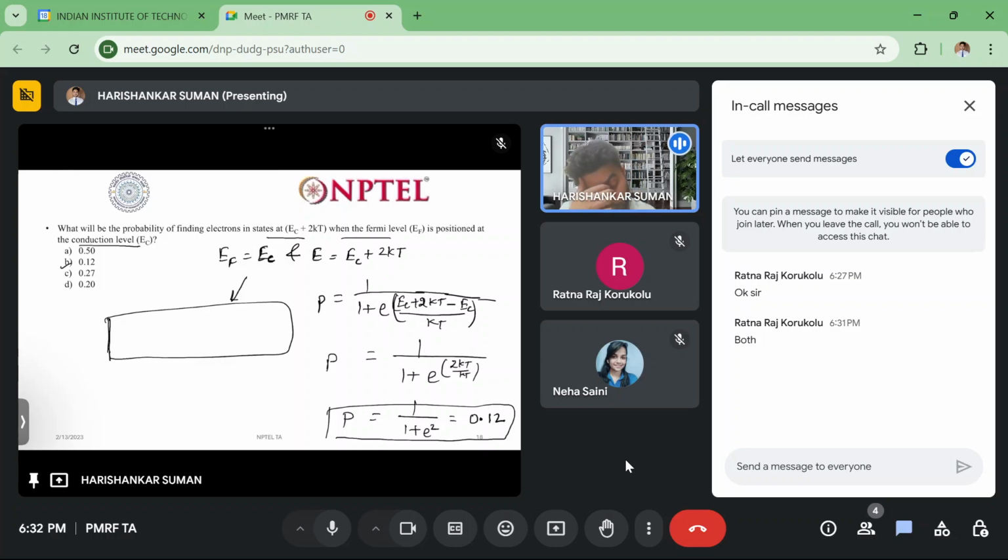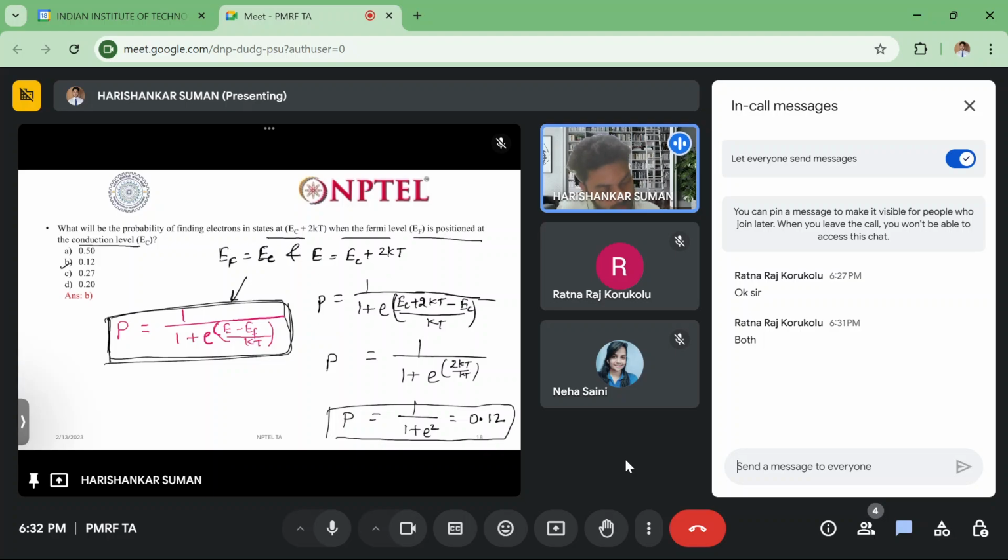Next question. What will be the probability of finding an electron in a state at Ec plus 2kT when the Fermi level EF is positioned at the conduction level? So please use this formula. Probability of finding equals 1 upon 1 plus exponential of E minus EF upon kT.